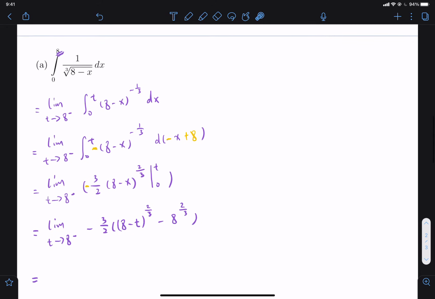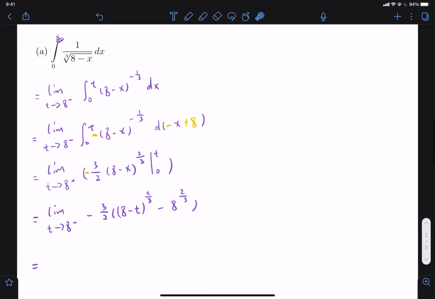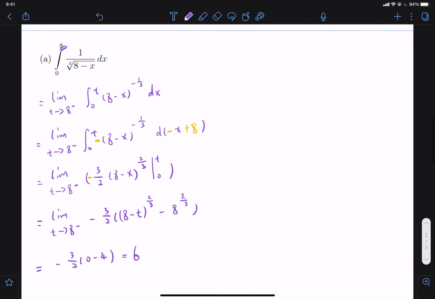So under any circumstances, this is defined, and then we just plug in. So we have 0 minus 4, which is equal to 6, right? That is how we evaluate this improper integral. It is convergent. Because we are able to compute the answer.